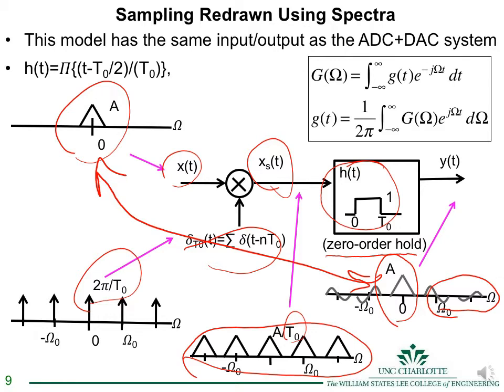Just as a quick review, of course, the Fourier transform in our case, we used a capital omega as our continuous time variable, and so it follows the normal definition of a Fourier transform. Similarly, the inverse transform, but using capital omega for our continuous time frequency variable.